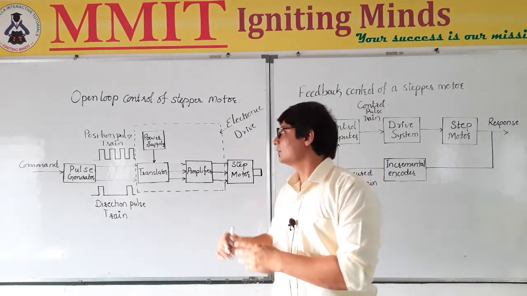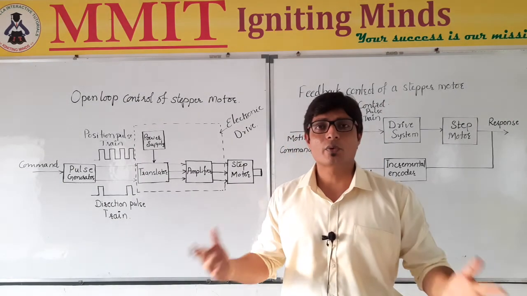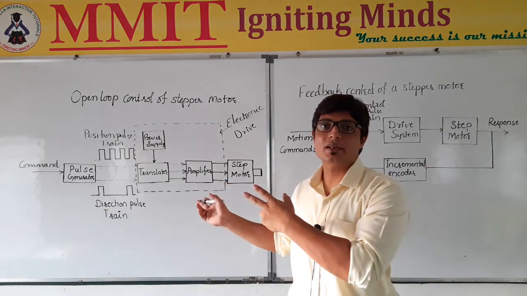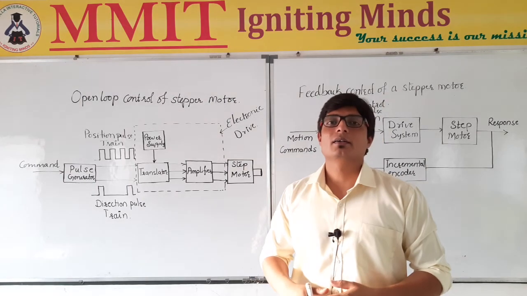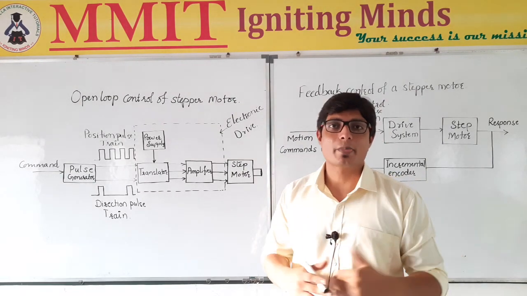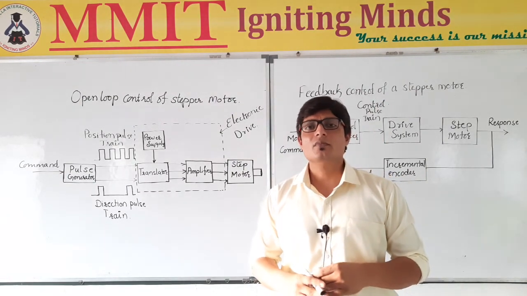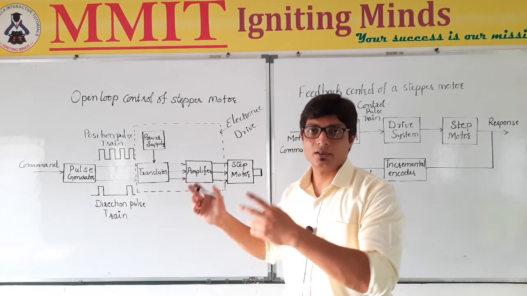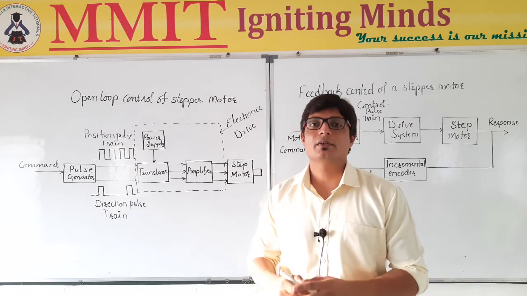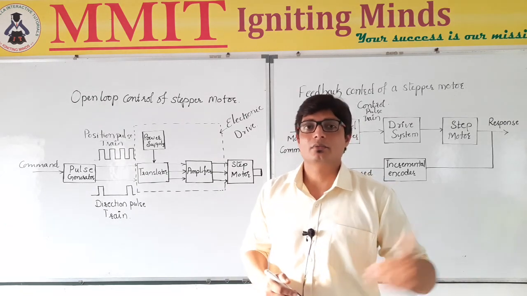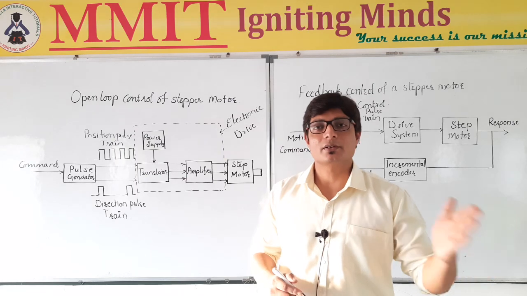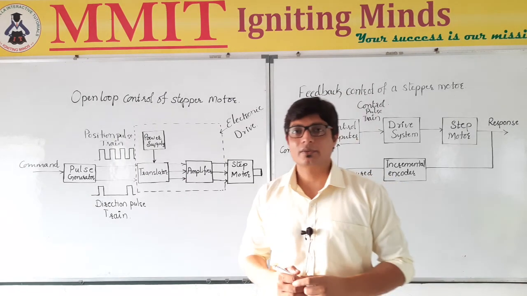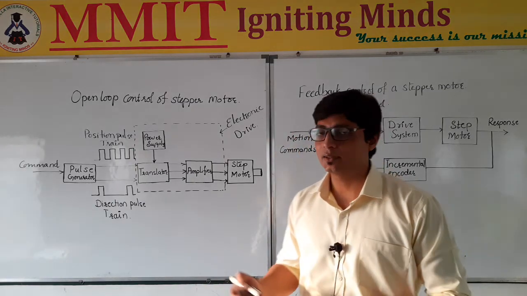Step motors are nowadays widely used because the control strategies are available, and because of their nature they are very readily interfaced with the computer for control of rotation. Also, step motors are now able to produce larger torques. Therefore in most applications step motors are replacing the conventional AC and DC motors.